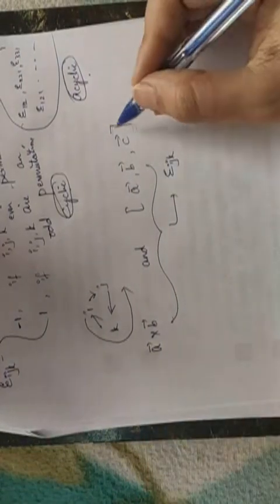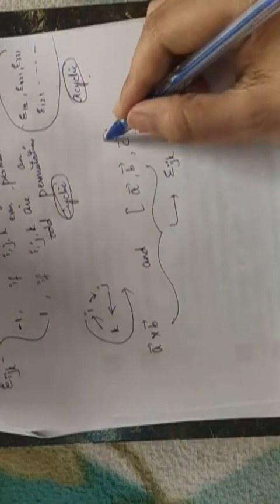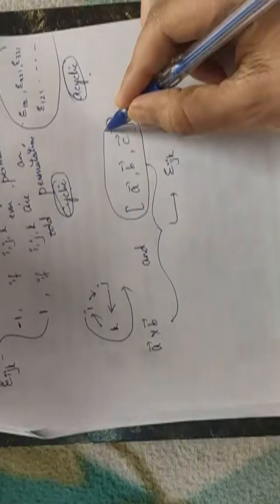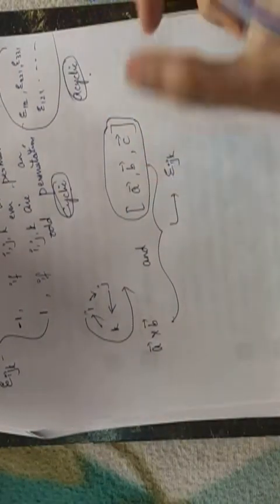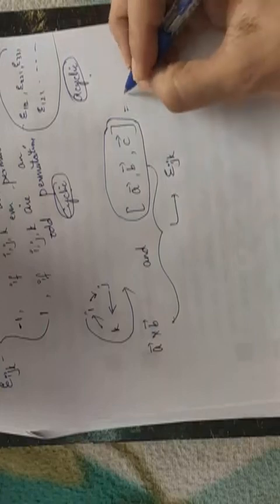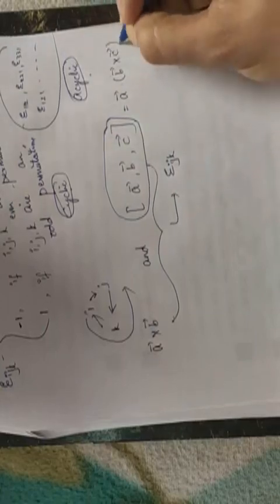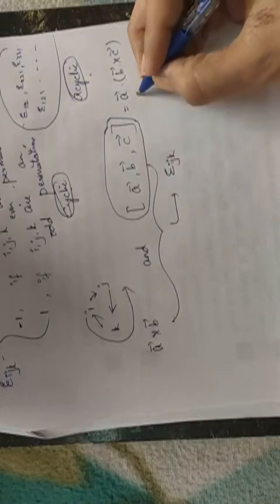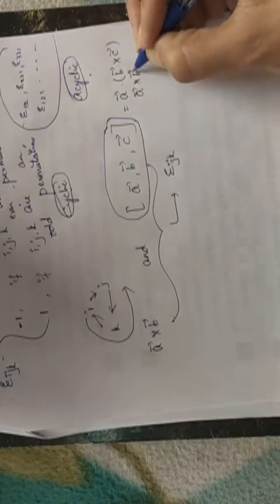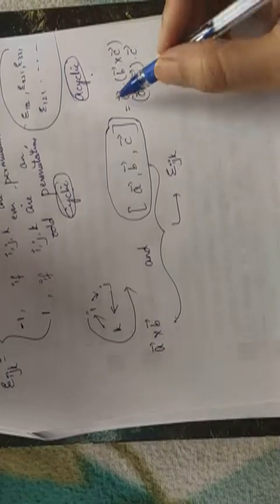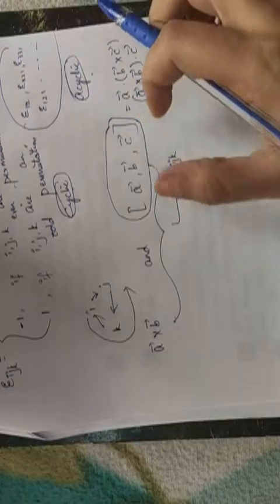The question may be in this form in order to say the vectors are in triple product, or they may ask a dot b cross c, express a dot b cross c or a cross b dot c in terms of epsilon ijk. Both the questions are similar. Okay, symbolically we will express scalar triple product in this way, so don't get confused with that.